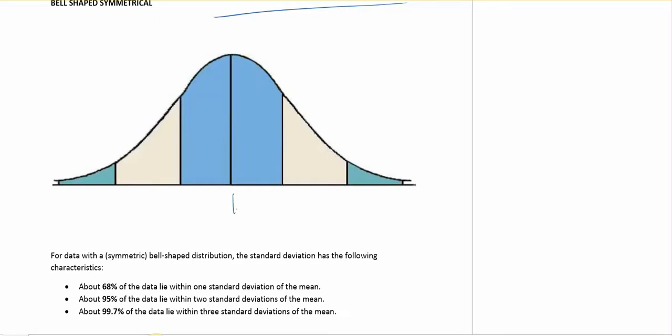We know from reading our textbook that the mean falls here. You can call it x bar, you can call it mu, but I'm going to just use mu for our mean. And then we're told that if we move one standard deviation away in either direction, that would represent 68% of our population, or of our distribution.